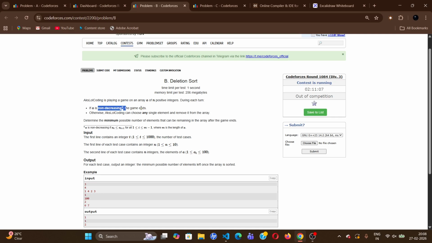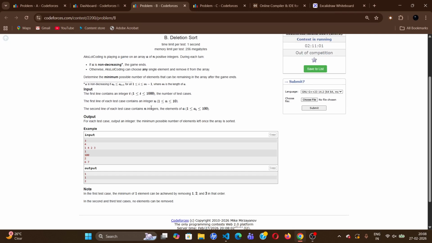Non-decreasing. A is non-decreasing. So, because it has 1, this 1, it is 2. Non-decreasing, we have a decreasing part. If a is non-decreasing, the game ends.